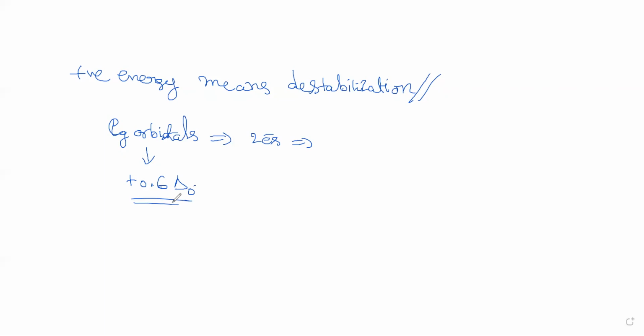So when 2 electrons are filled, that is 2 into 0.6, so that is 1.2 delta naught. So your crystal field stabilization energy will be a compensation of both things: how much stability, how much instability. So it's a combination.